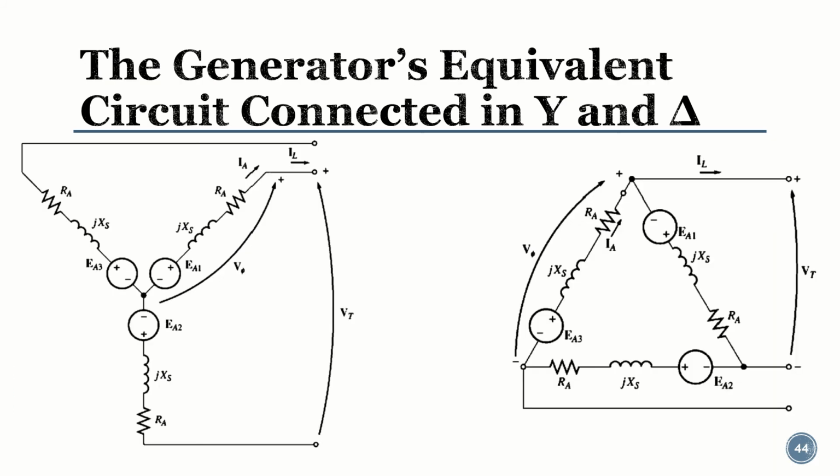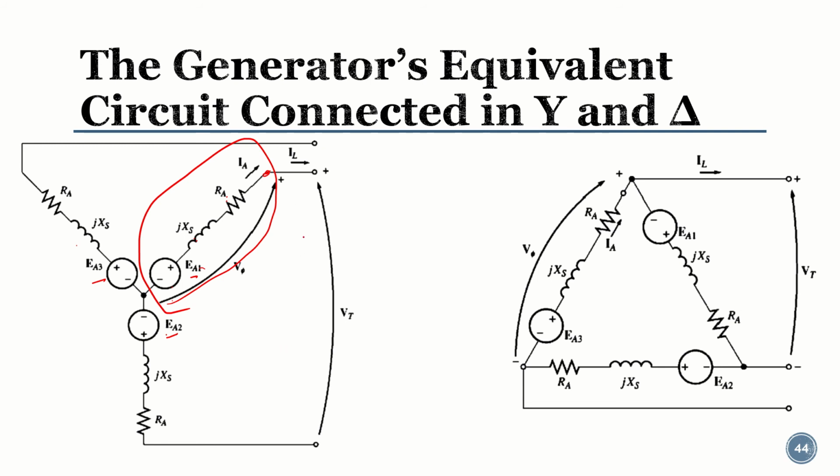And for the connection, we get three phases, EA1, EA2 and EA3. So this is the equivalent circuit for the single phase, minus the drop across the synchronous reactance and the stator resistance, and here we are getting the single phase output. Similarly for the second phase and the third phase.